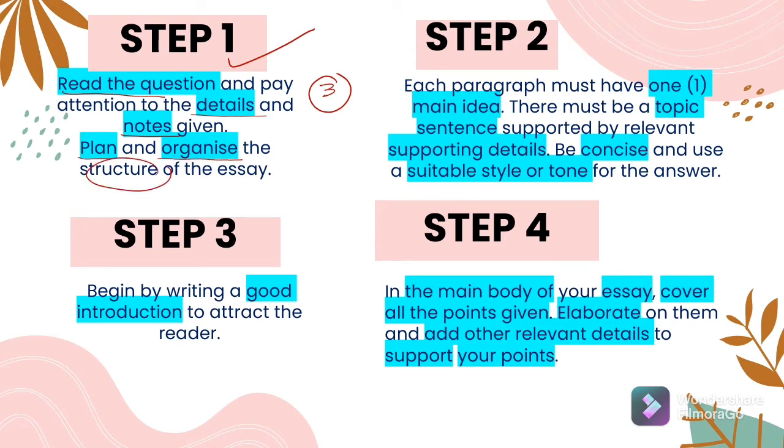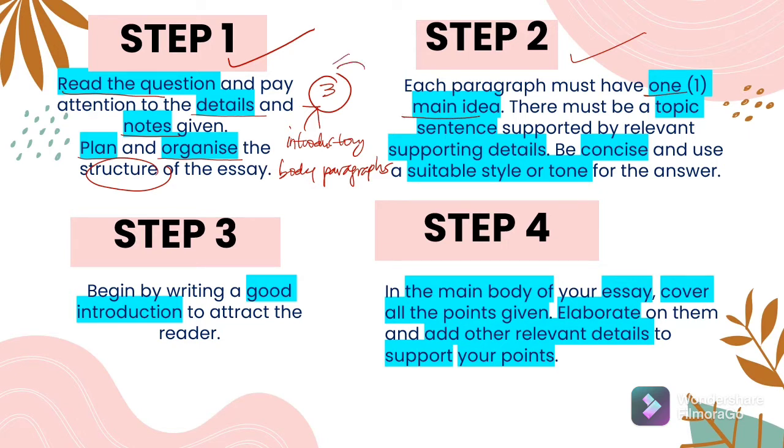So perhaps you can start drafting your introductory and also the body paragraphs here, right, based on these 3 points given. Right, step 2. Each paragraph must have one main idea, right?